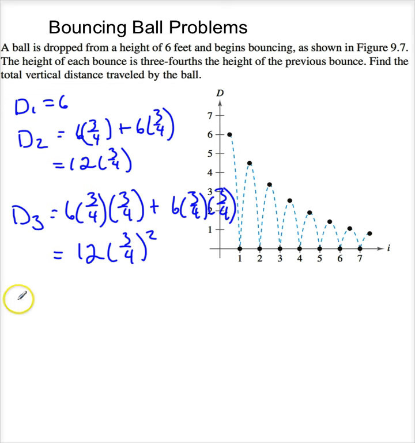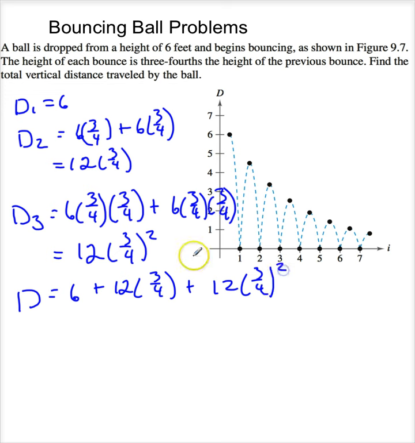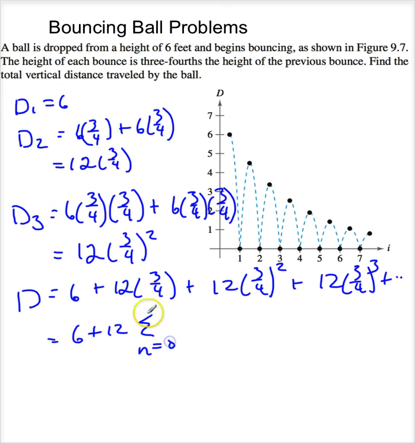By continuing this, you can see that the total distance traveled is 6 plus 12 times 3/4 plus 12 times 3/4 squared. And then the next one would be 12 times 3/4 cubed, plus and so on. So this is 6 plus 12 times the sum as n goes from 0 to infinity.